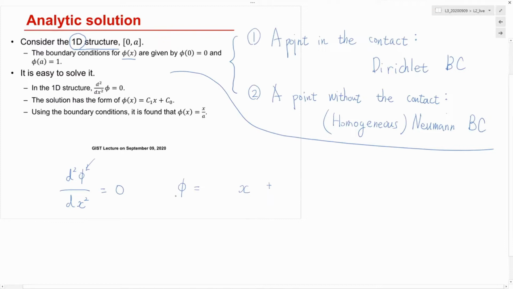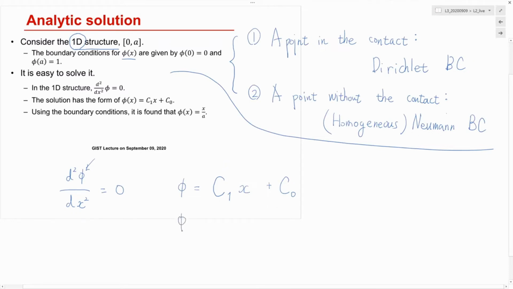solution. And let's say we introduce two undefined coefficients like C1 and C0. Of course, they are just constants and coefficients, so they don't depend on x. Then, when we apply the boundary conditions, we can decide the value of C1 and C0.